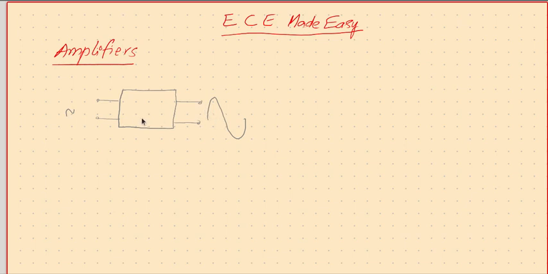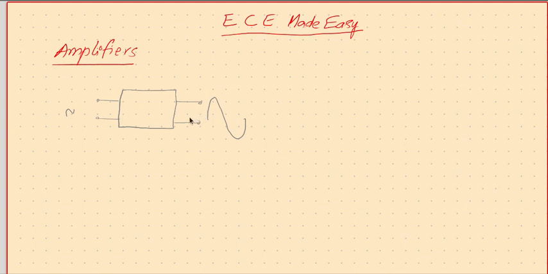Such an amplifier we call a current amplifier. And in another case, both voltage and current are in small magnitudes, that is, the power is small, and we want large power at the output. Such an amplifier is called a power amplifier.